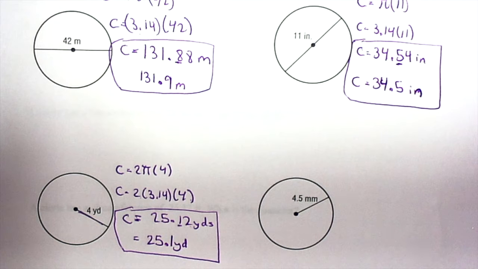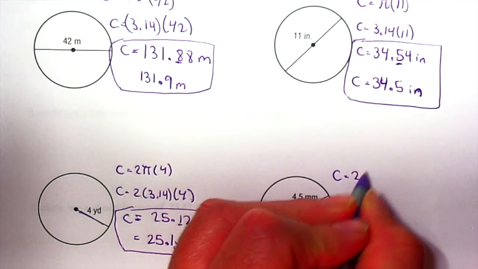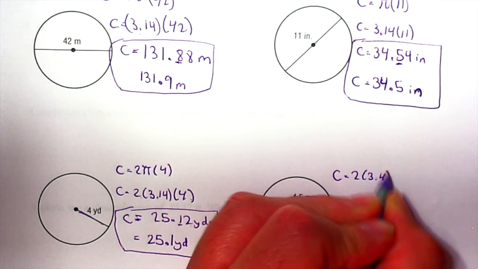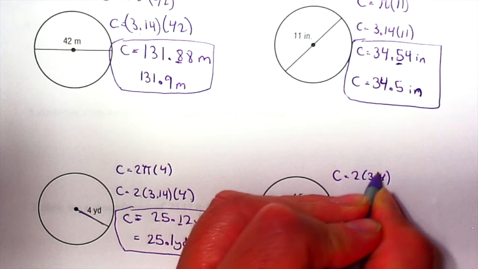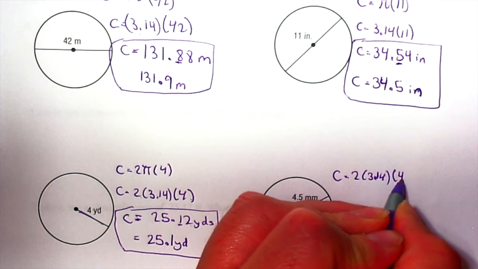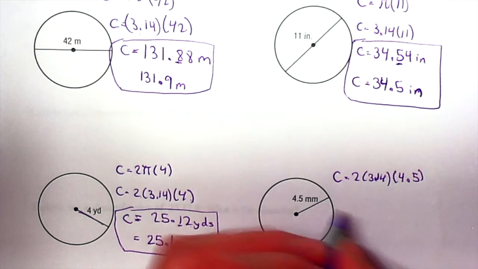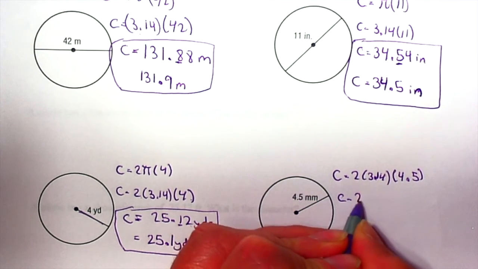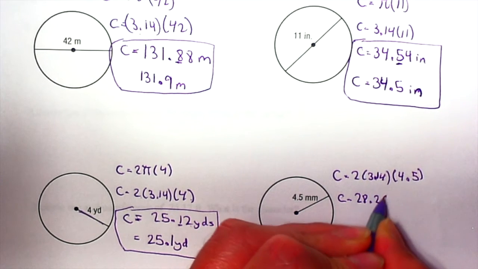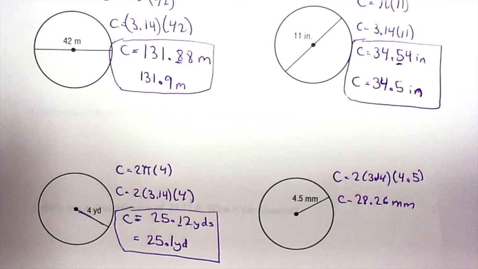Now the last one here, again, they gave me the radius. Because they gave me the radius, I'm going to go C is 2 times, now I'm going to just put the 3.14 here for the pi, 3.14, and this time times 4.5. I multiply all that together, I get 28.26 millimeters.